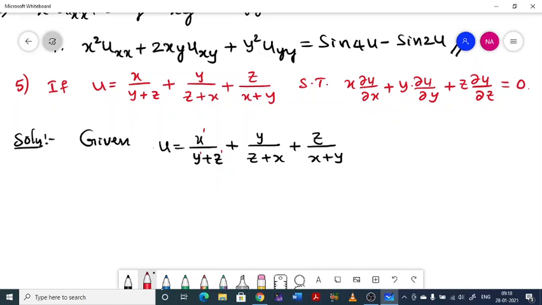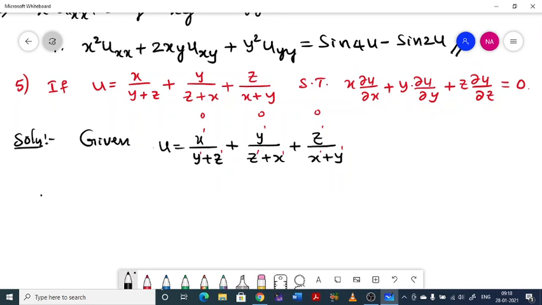So the first term is a homogeneous function of degree 1 minus 1, 0. Here also, y, that has degree 1, 1, 1. So this term is also a homogeneous function of degree 0. Each term is a homogeneous function of degree 0, that means u itself is a homogeneous function of degree 0.